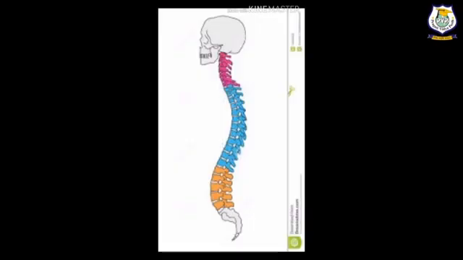Now see the diagram of the vertebral column. The vertebral column is a long, hollow column of bones.